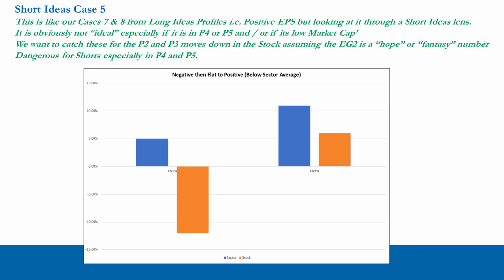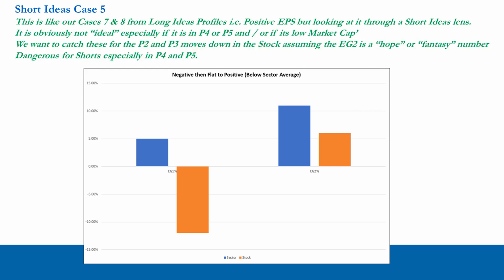And with our further work on the stock, on the company, both quantitative and qualitative, we can increase our chances by understanding whether this earnings growth 2 number is likely to be a hope or fantasy number.